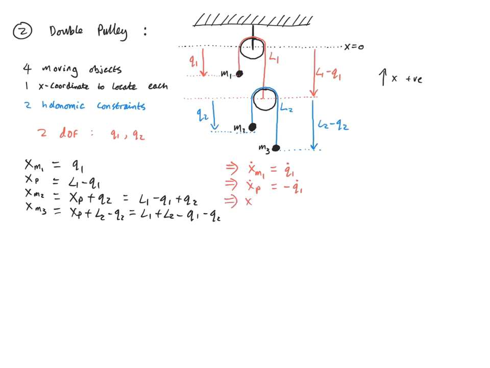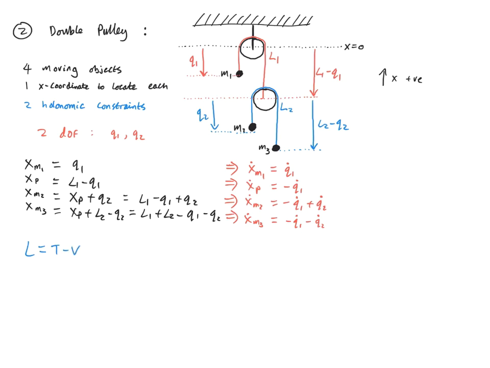I can look at the velocity of mass number 2, x m2 dot, and by similar logic, that's just minus q1 dot plus q2 dot, and finally x dot of m3 is minus q1 dot minus q2 dot. Very good. So that's all we need to construct the Lagrangian, L, which is the kinetic energy minus the potential energy.